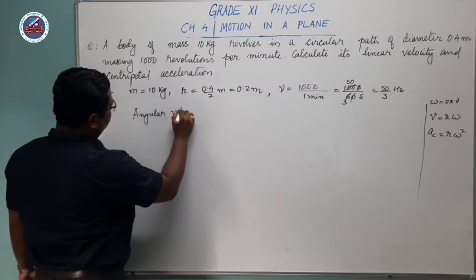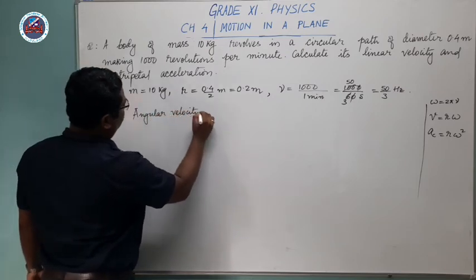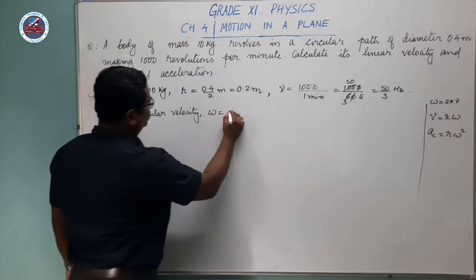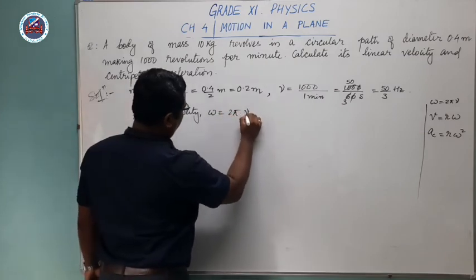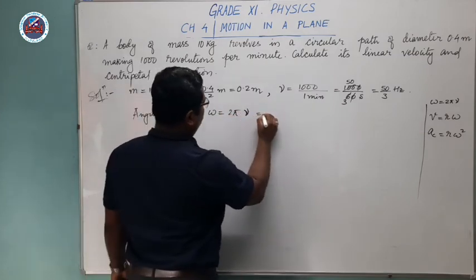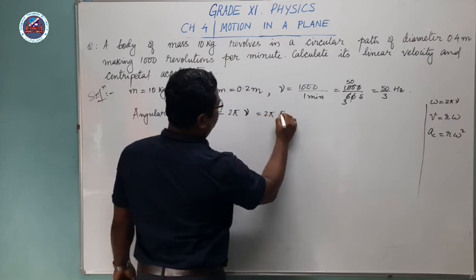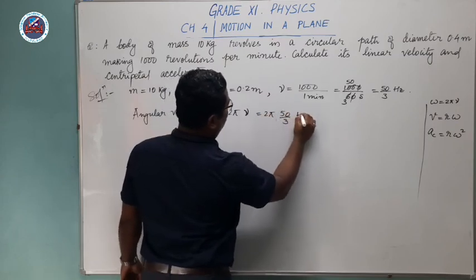Angular velocity omega is equal to 2 pi times the frequency. Frequency is 50 divided by 3 hertz.